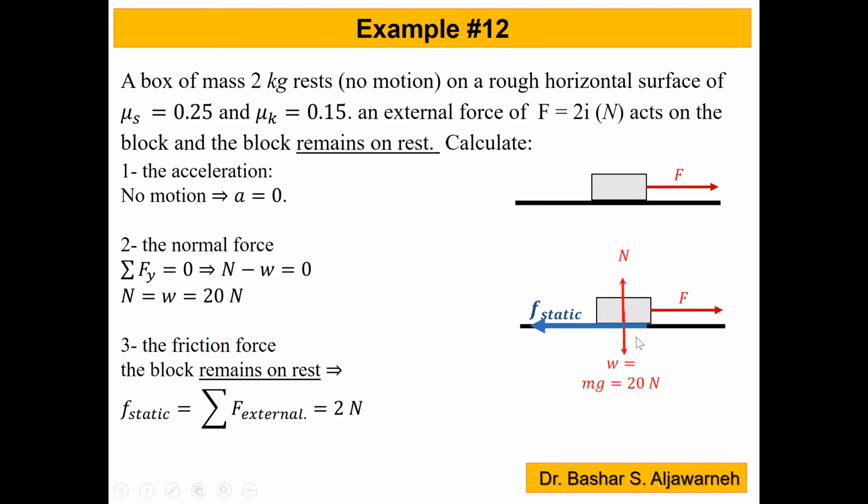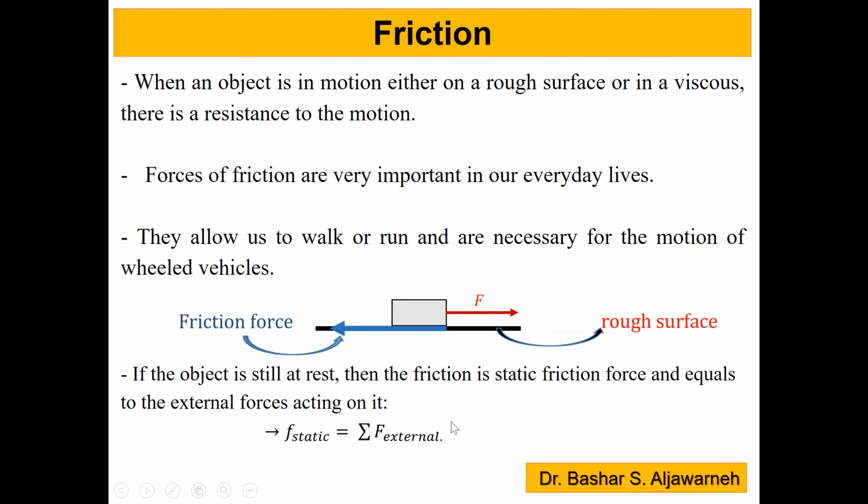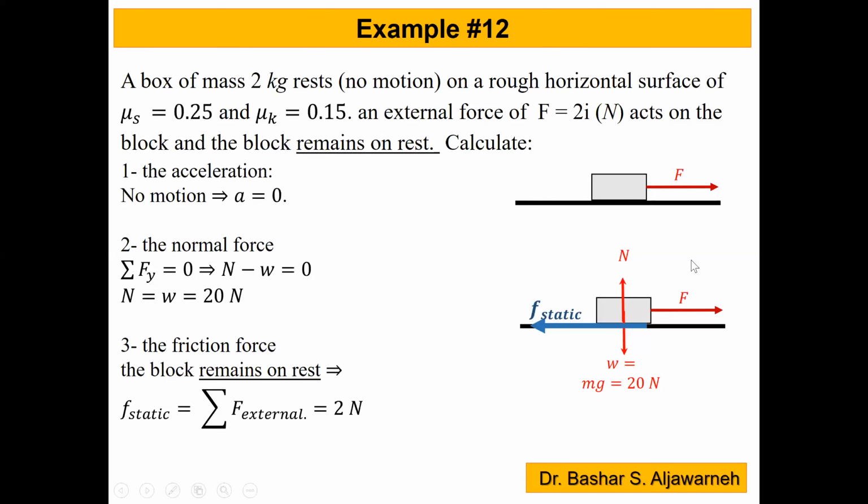What we have here is only the static friction force, not the maximum value. So from the previous slide, the static friction force equals only the summation of the external forces. So what I have here is only F, which equals 2. So the static friction force equals 2 Newton.